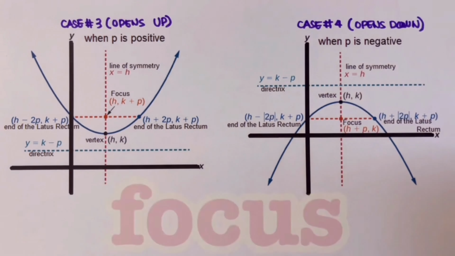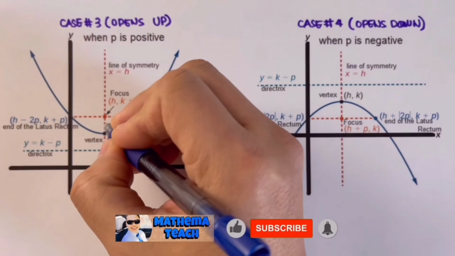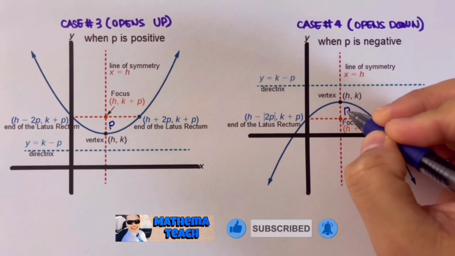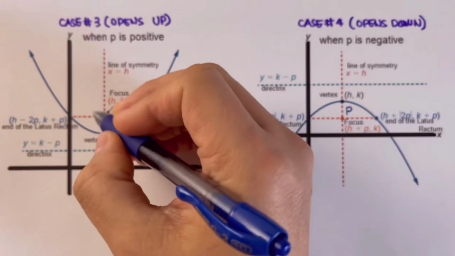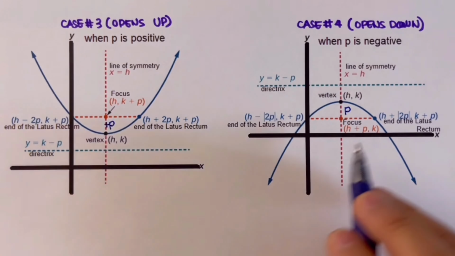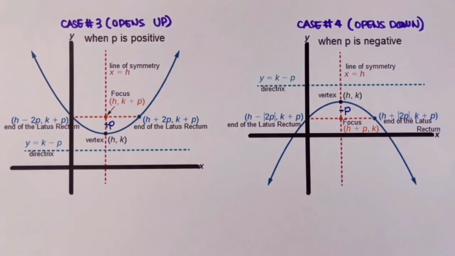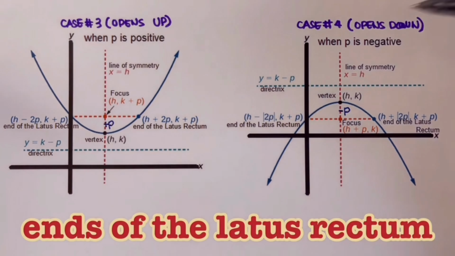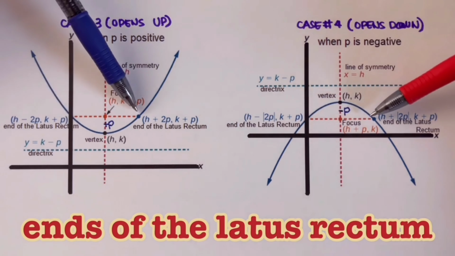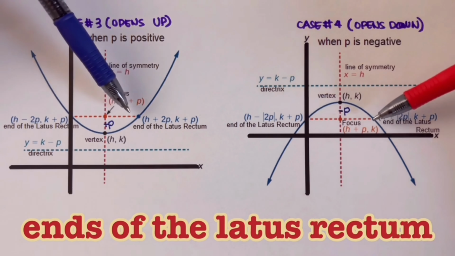Again, we remember that the distance from the vertex to the focus is represented as p. So the p value here is positive because it's above the vertex, while the p here is negative because it's below the vertex. Now, the other parts would be the ends of the latus rectum. So we're going to need these 2 points together with the vertex so that we can sketch the parabola.